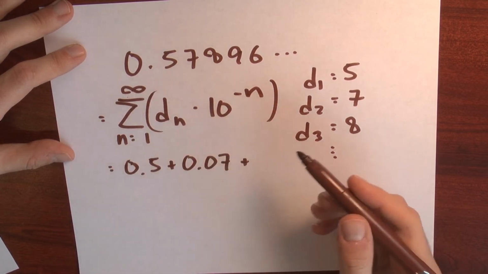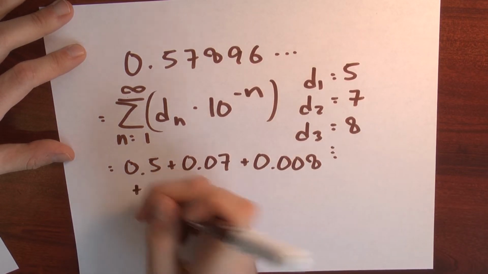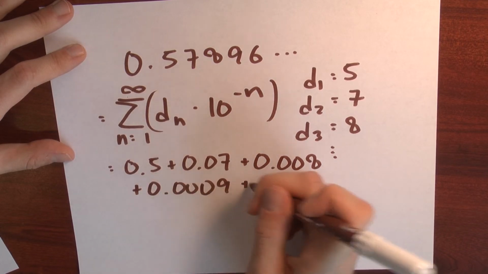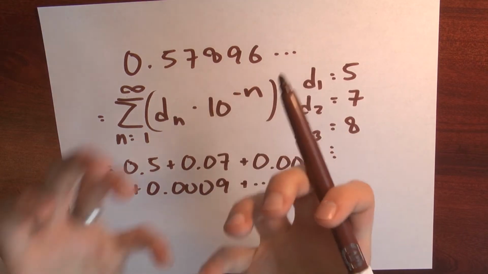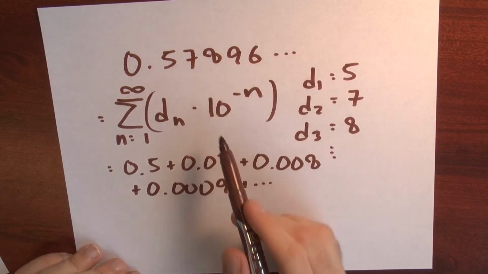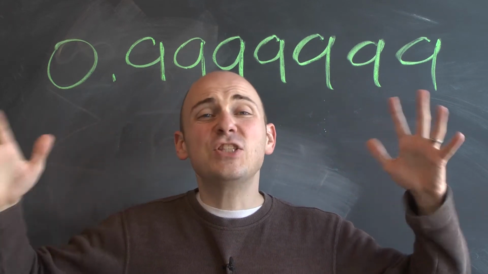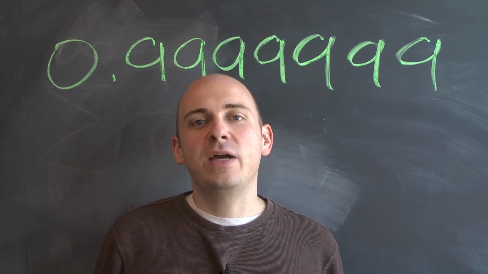And then I add the n equals 3 term, which is 0.008. And then I'll add the n equals 4 term, which is 0.0009, and so on. So all of these decimal representations of real numbers are secretly just a series. So when thinking about real numbers, or at least their decimal representations, we're led naturally to think about series.